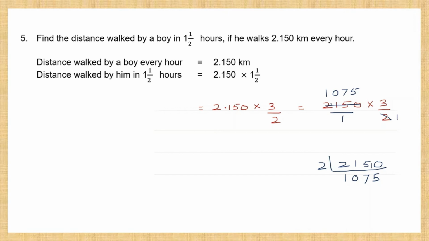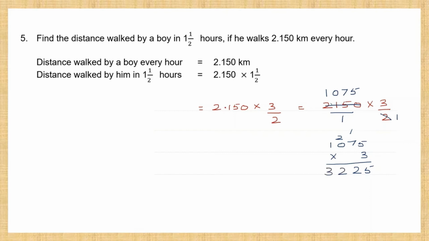Now I multiply my numerators. So I can multiply 1075 by 3. Let's do that. 1075, multiply it by 3. 3 fives are 15, carry 1. 3 sevens are 21 plus 1, 22, carry 2. 3 zeros are 0 plus 2. 3 ones are 3.